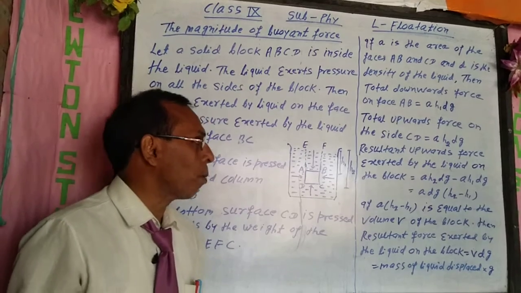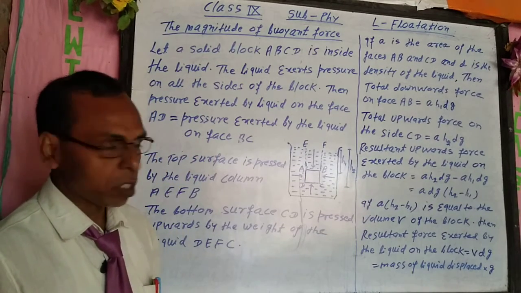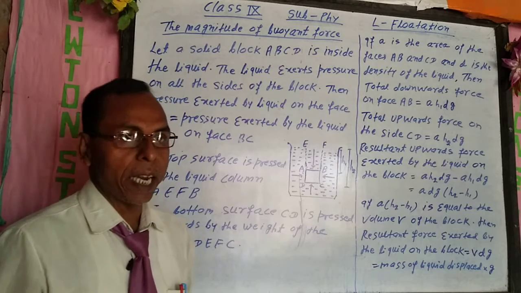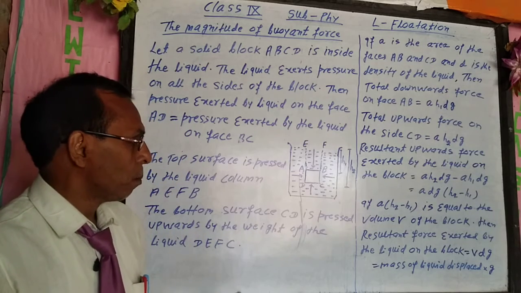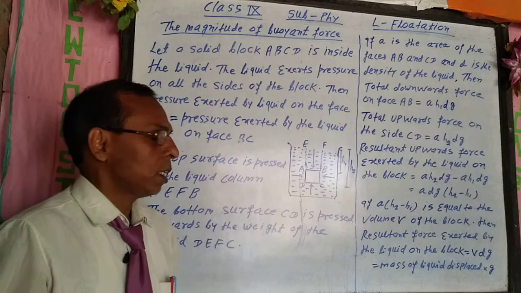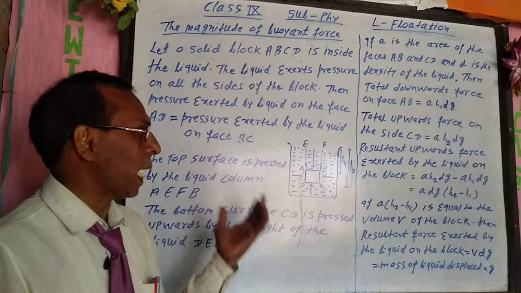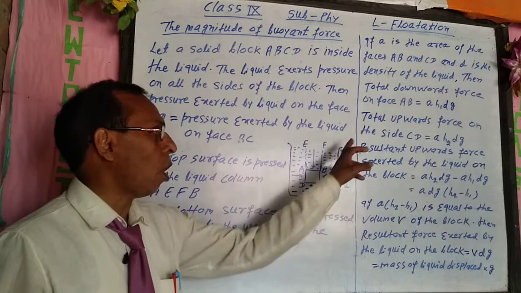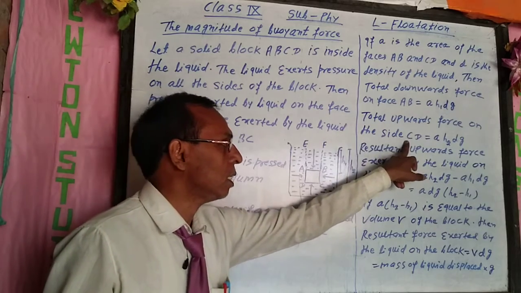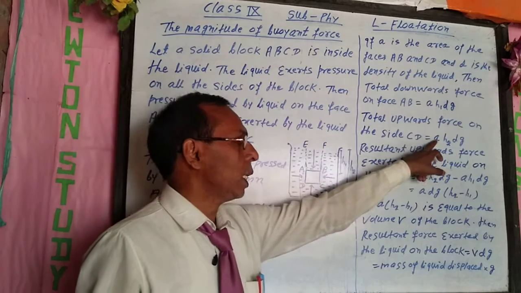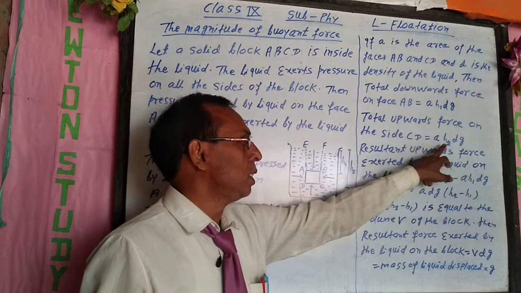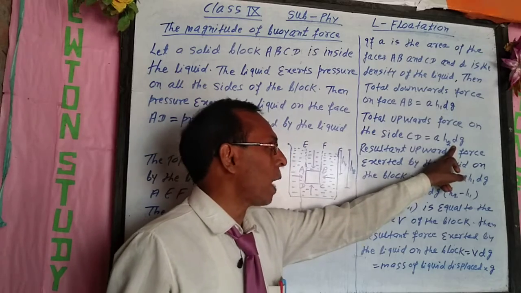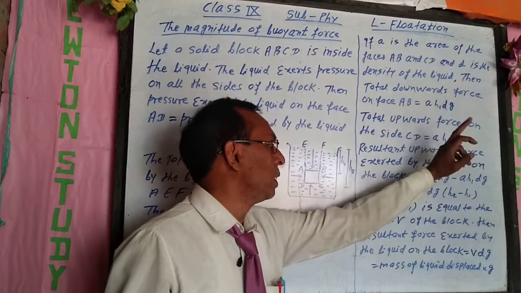The total upward force on side CD, due to the liquid present from the top to the bottom, is equal to area of block into height of water into density of water into gravity.